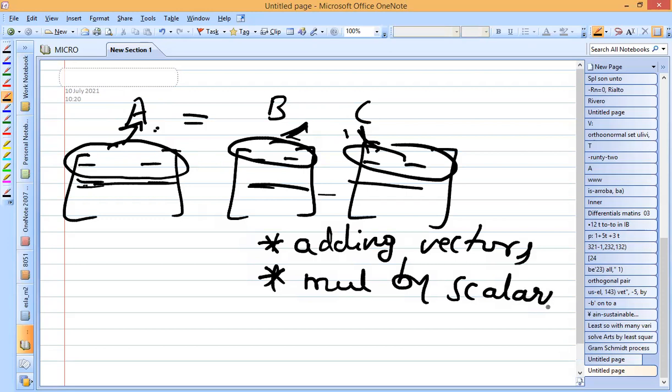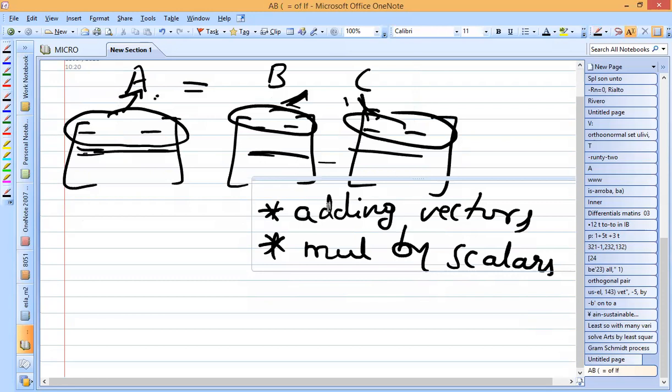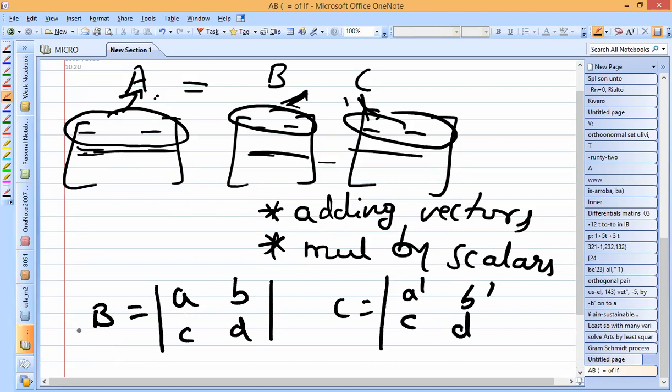These two properties are involved while generating the linear combination for B and C. So now we consider the matrix B. Let us assume B is defined as A, B, C, D, and C is defined by A dash, B dash. The second row elements should be the same as those of B. So even for C, the second row elements will be the same as C, D. That is B and C.